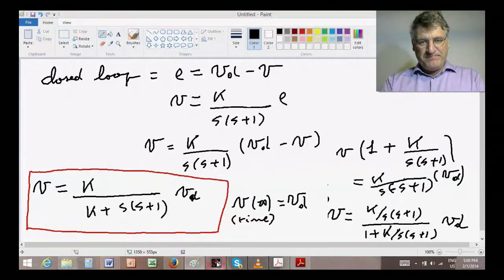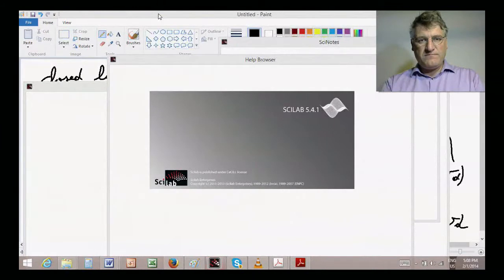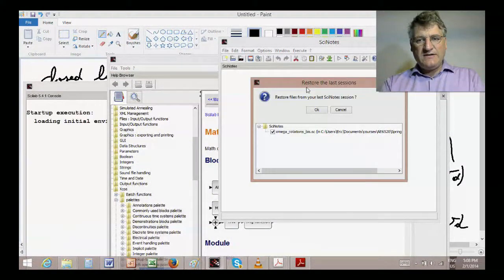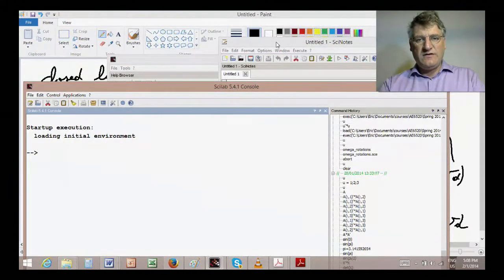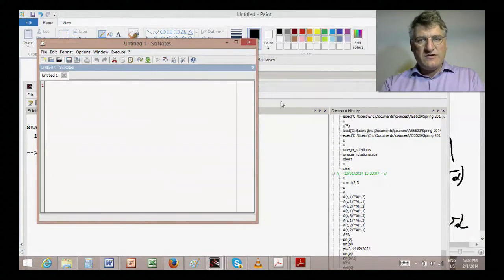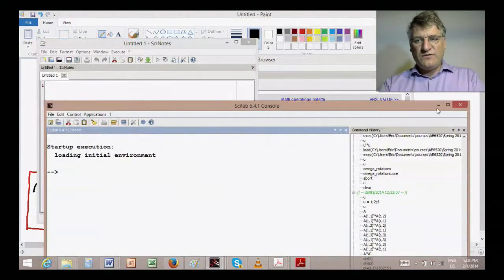We're going to use Scilab for the purpose of trying different values of K. So we're going to write a small Scilab program that will allow us to solve this problem.